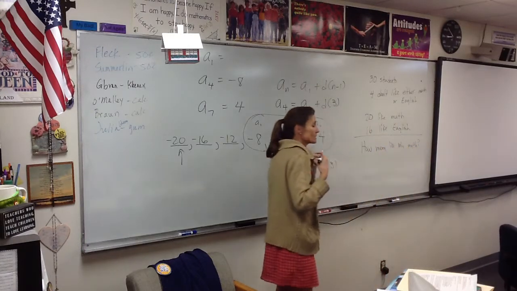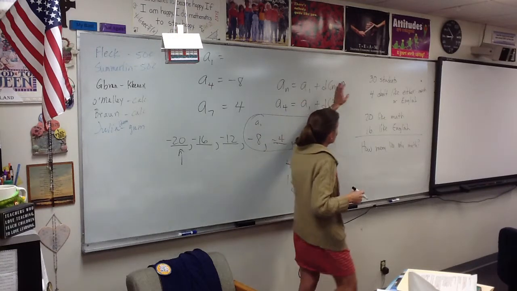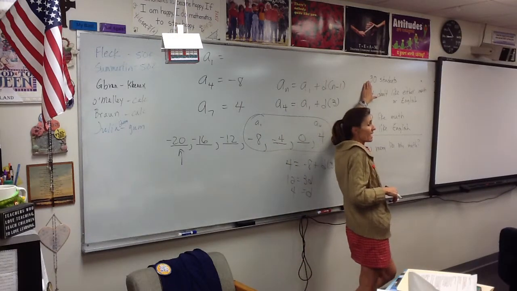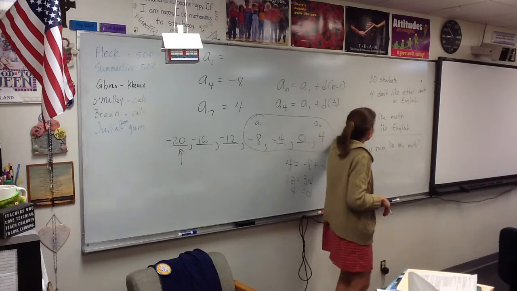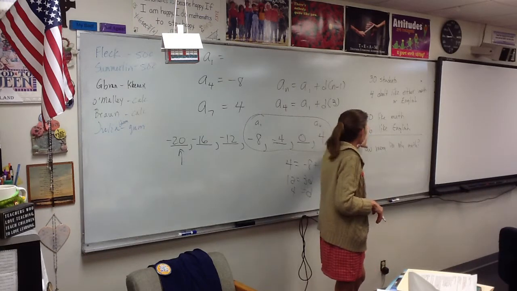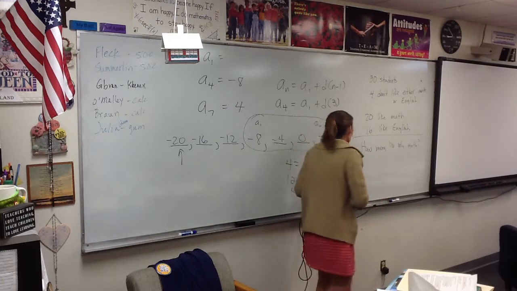Okay, so here's a review problem, keeping us fresh for our test on Tuesday. I have 30 students in the class. 4 of them don't like math or English. 20 of them say they like math, 16 say they like English. The question is, how many like only math?